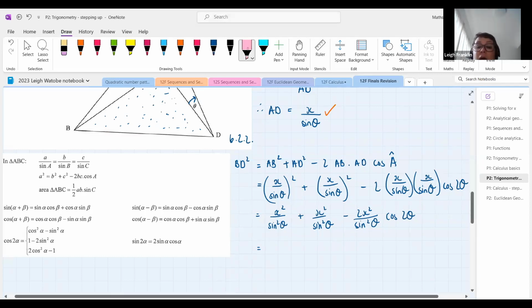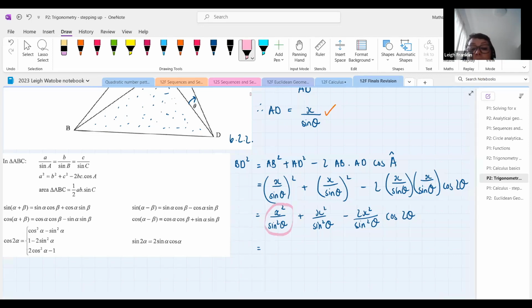And then I've got 3 terms here. Here's the first term. Here's the second term. And then I'm going to put a yellow circle around the third term because it's unlike the others. So the first 2 terms are like terms. So when I add them together, I've got 2 of x squared over sine squared theta.